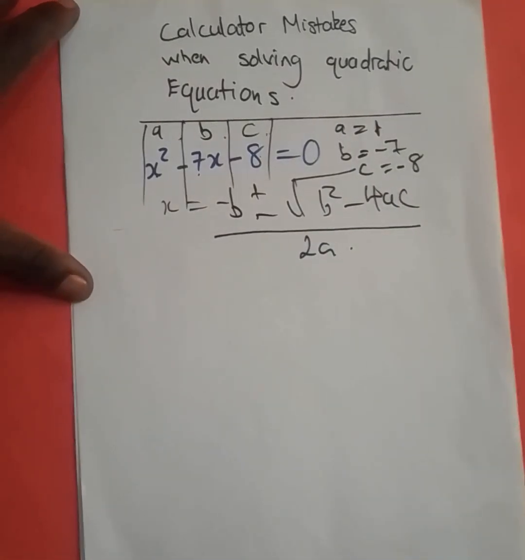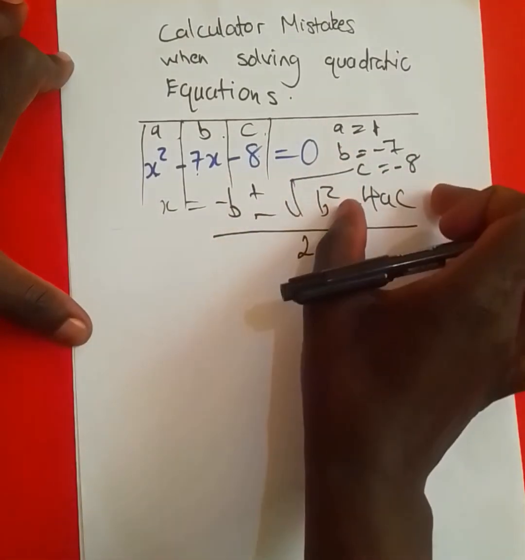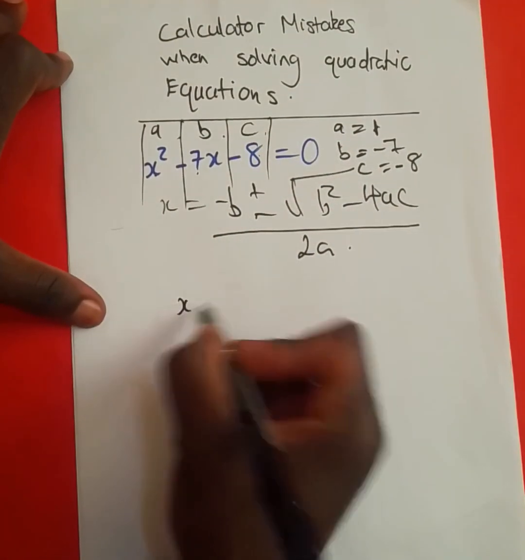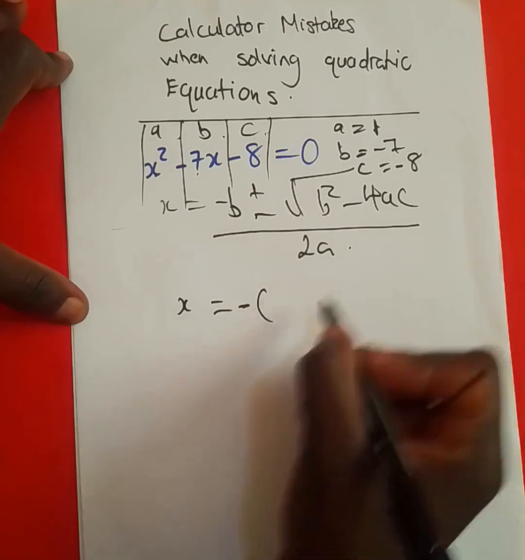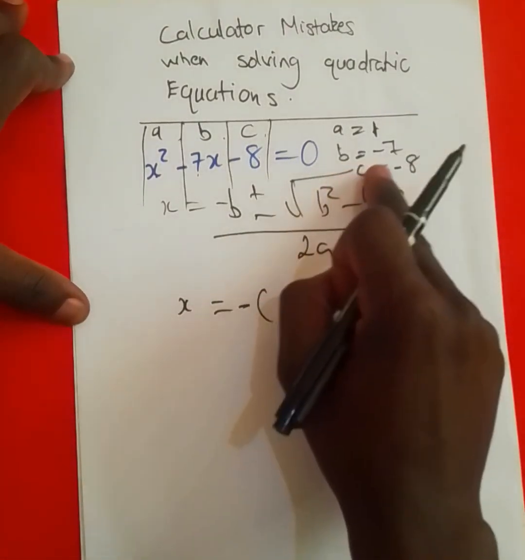Now we are substituting our variables with their constants. So x is equal to negative b, of which negative b is equal to negative 7.